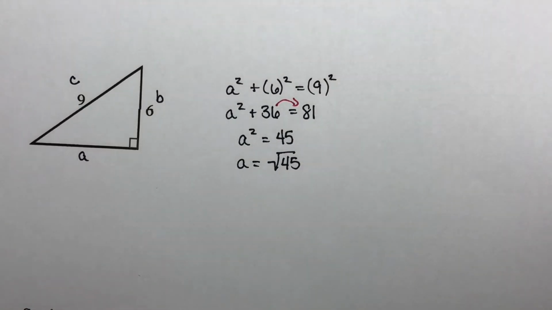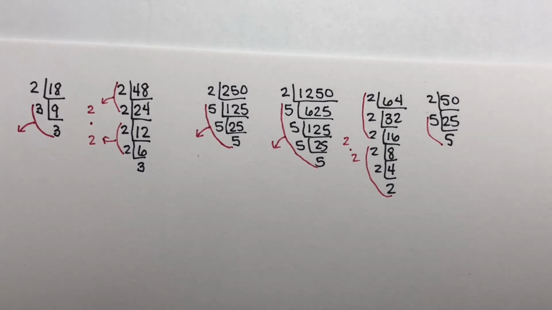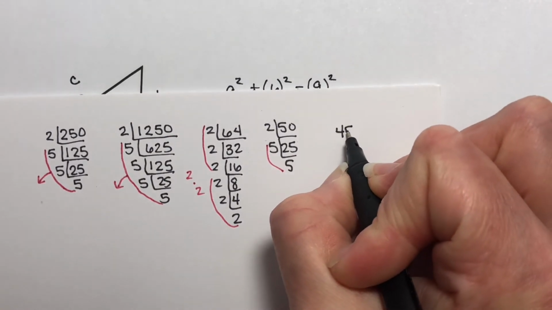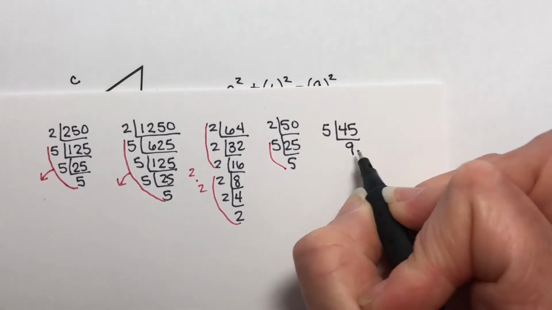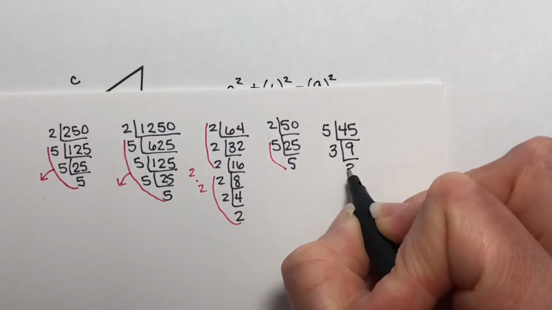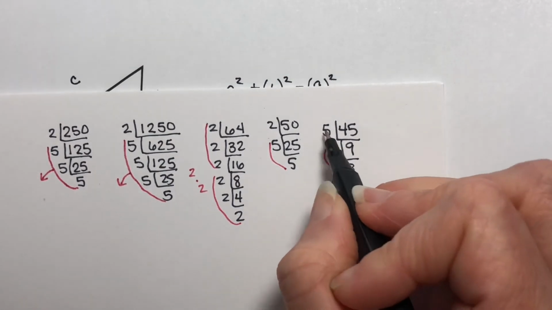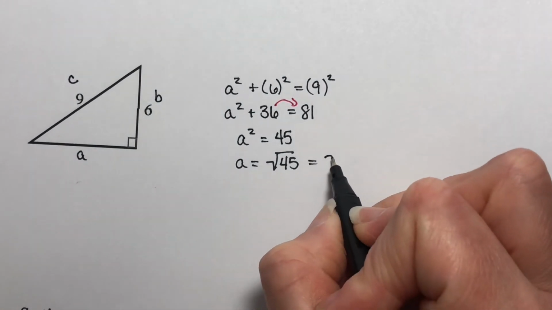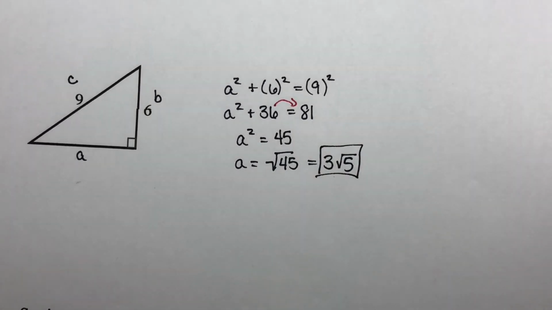Okay, we're supposed to give an exact answer, so I need to get a prime factorization of 45. 45, well, it ends in a 5, so it's divisible by 5. And that gives me a 9, which is 3 times 3. So the square root of 45 is going to be 3 times the square root of 5. And this is the answer they would want you to give.